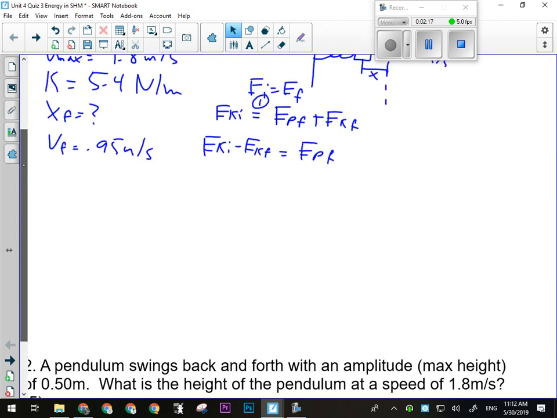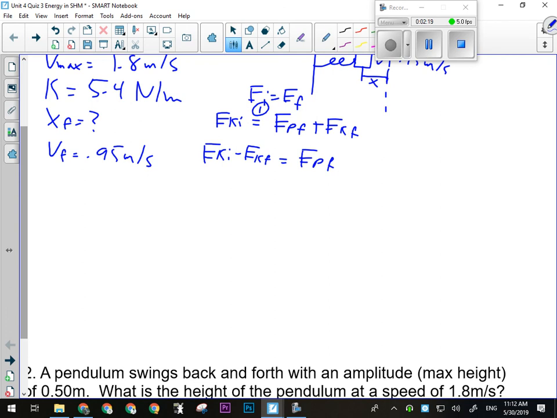So that will mean that we have to punch in our formulas here. So we will have 1/2 m v maximum squared, minus 1/2 m v f squared equals 1/2 k x final squared. All right, everybody follow there?